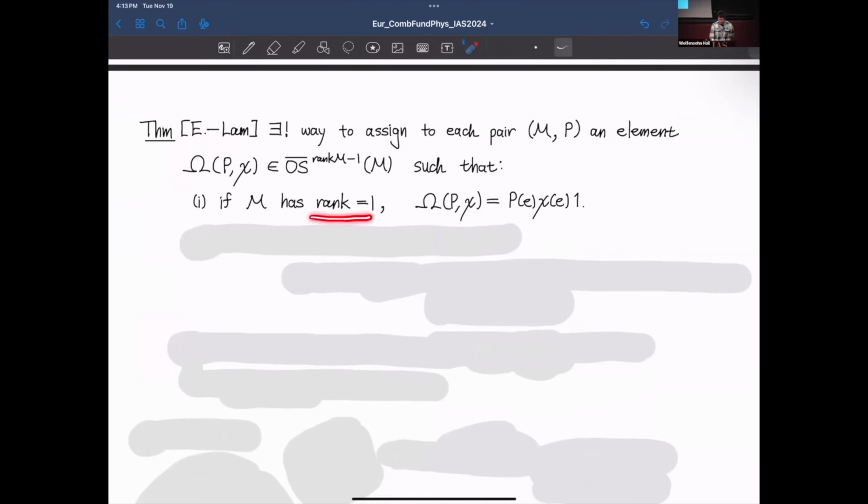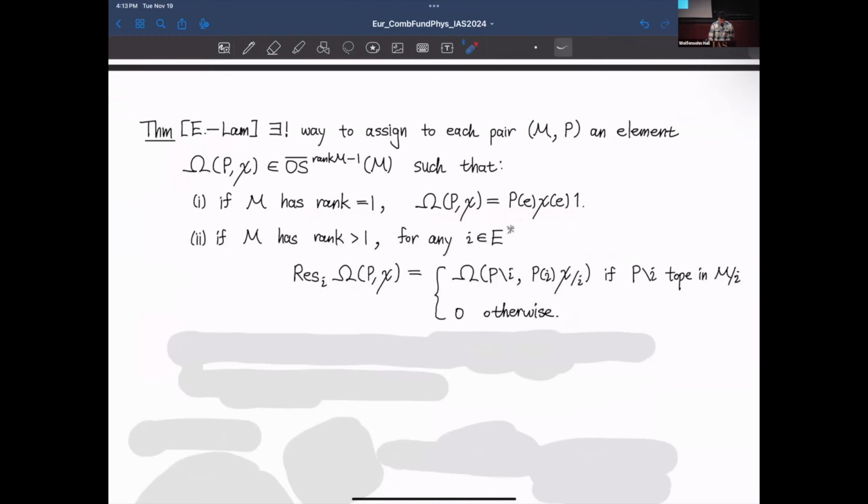So in the rank 1 case, there are some base case scenarios. And then if it has rank greater than 1, one would like to say that if I look at the residue along some boundary, then it has this recursive structure.